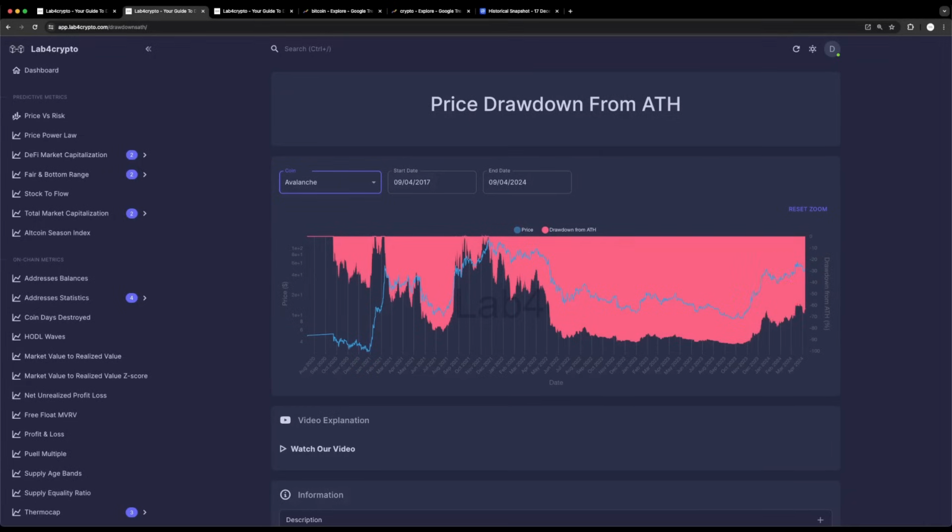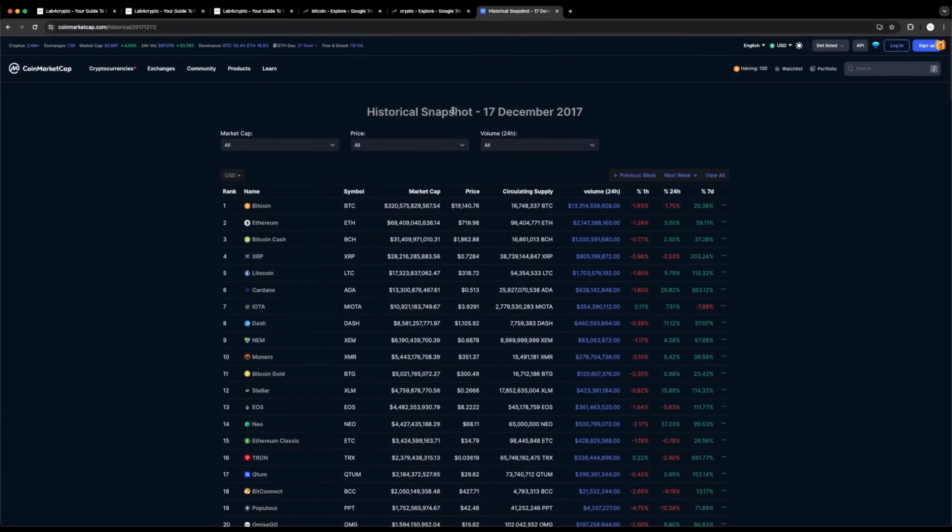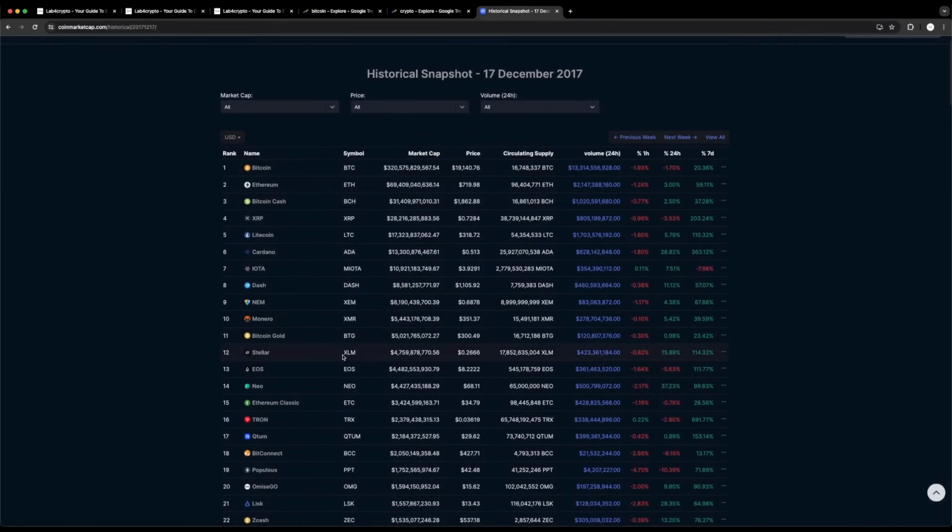And this historical snapshot from CoinMarketCap tells us, in 2017, if we go and check the top 20, top 30 coins, you will see coins that now don't even exist. For example, in the top 8 was Dash, NEM, EOS, NEO, and if you go to CoinMarketCap now, you will not find these coins in the top 50 or top 100.